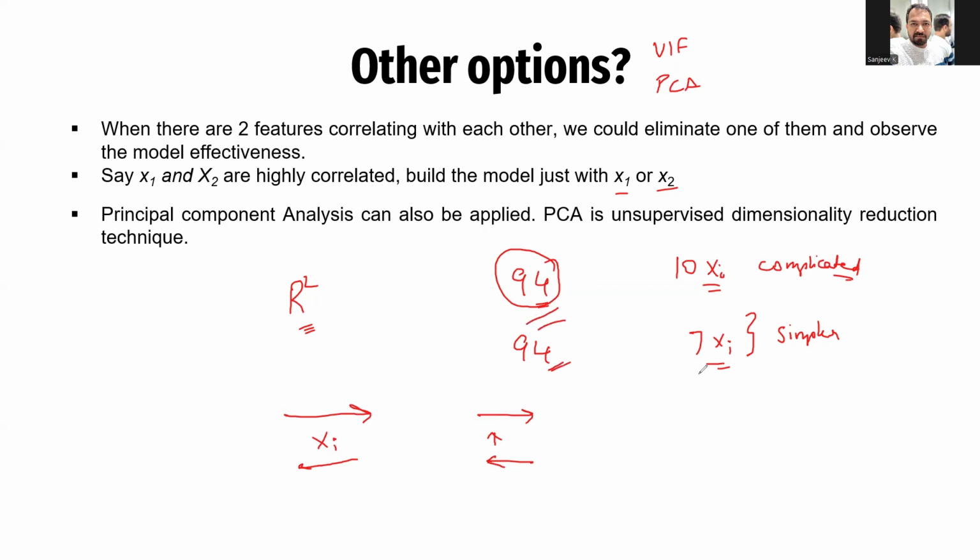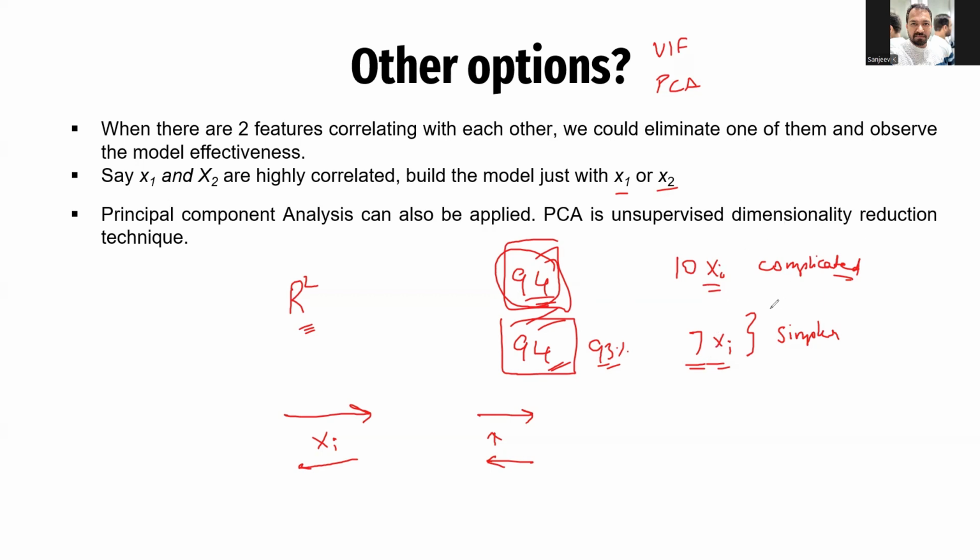Now, if by using 7 independent features I get 93, then I cannot compare 94 and 93. It is not good. Keeping the same error metric, if I can achieve it with fewer independent features, that should be our chosen model. This is called Occam's razor law.